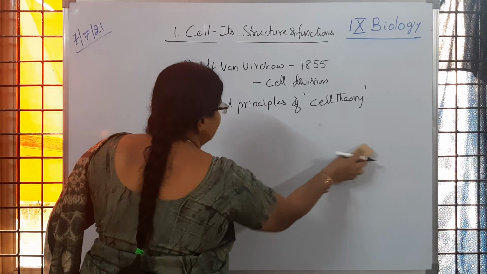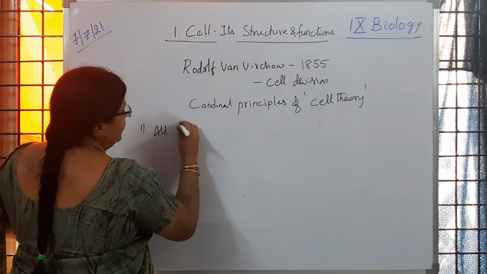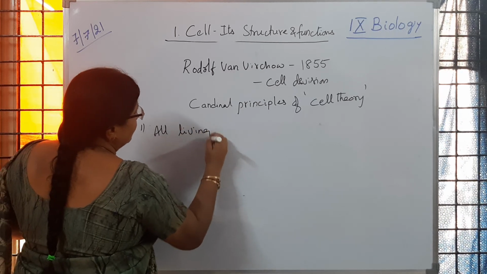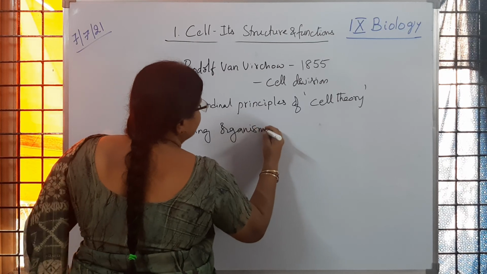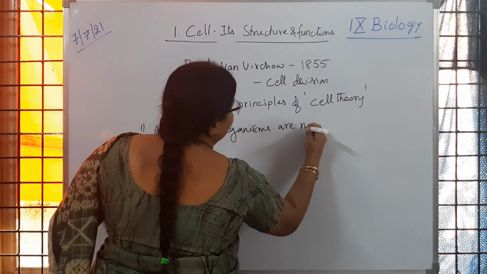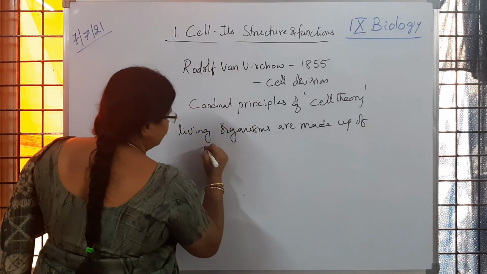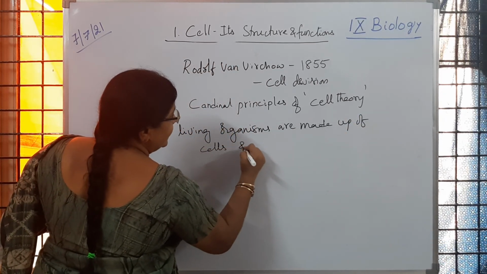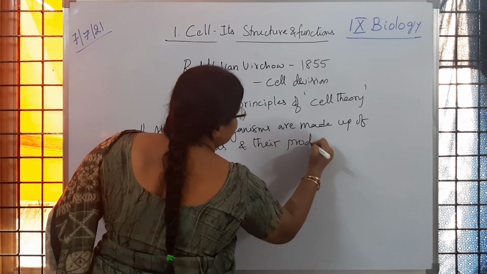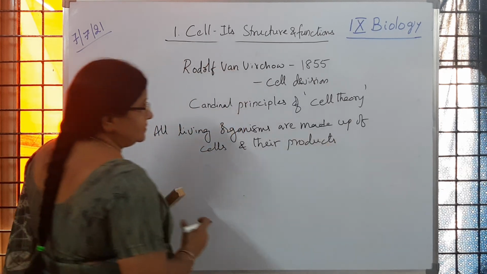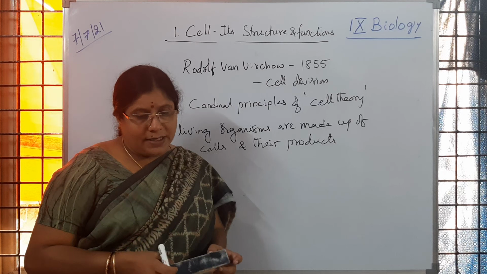So the first point is that all living organisms are made up of cells and their products.